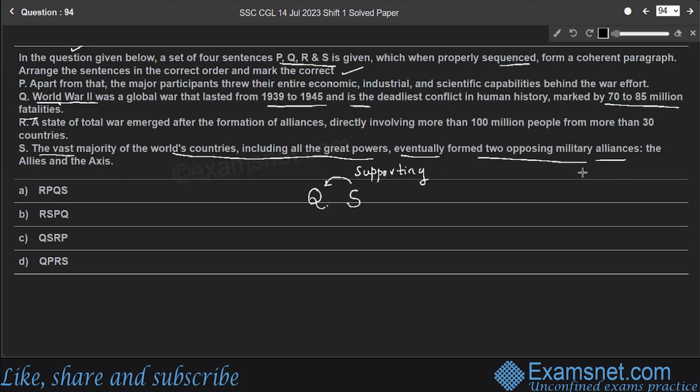Here S supports the previous sentence and the subject. So the next sentence will be: a state of total war emerged, which is explaining the subject, right?